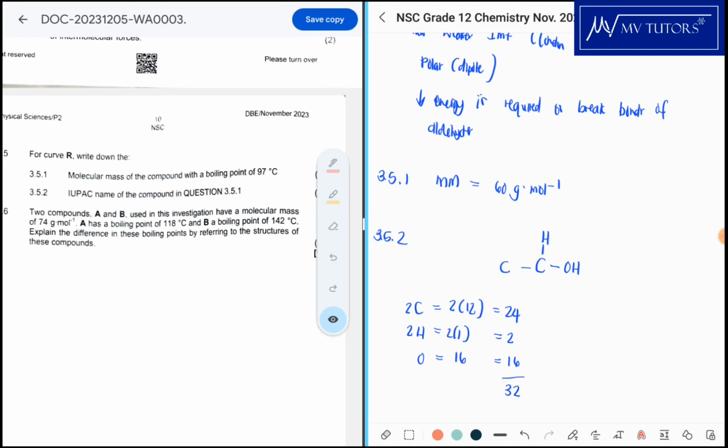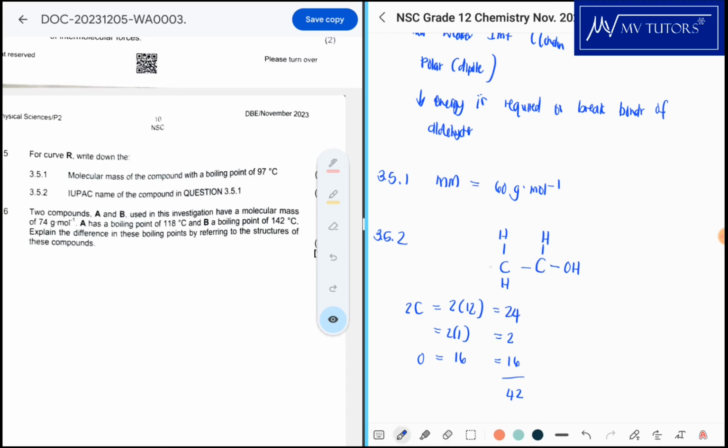No, 42. Okay, so we're not there yet at 60. So let's just add a hydrogen and another hydrogen. But that's also not going to get us to 60.